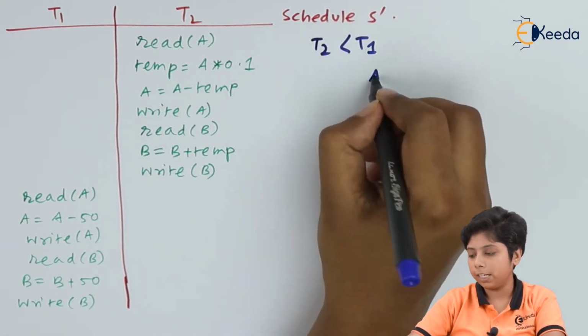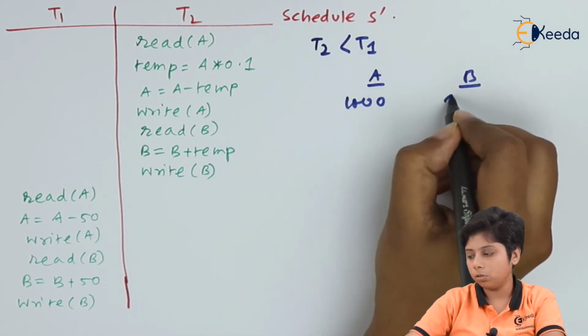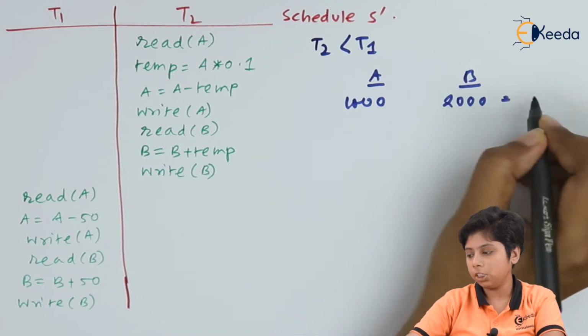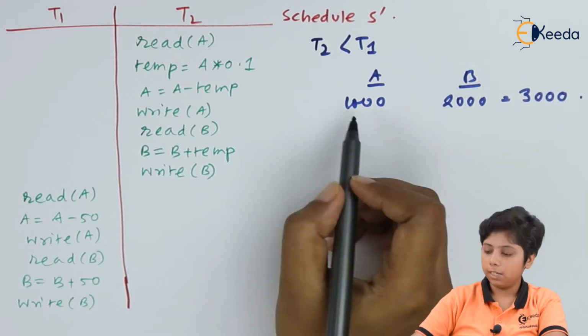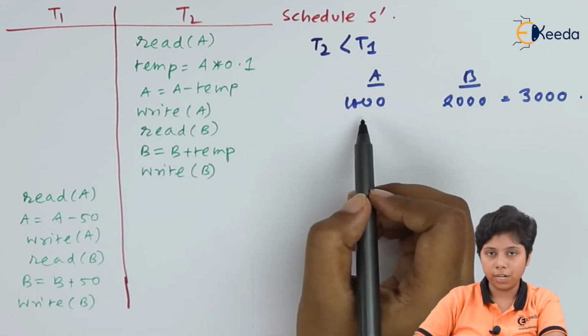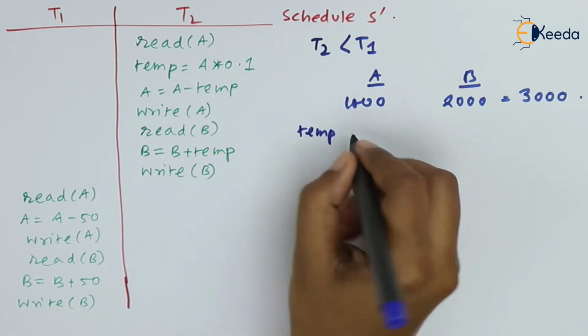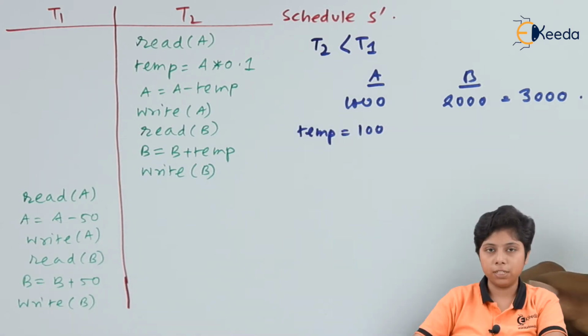So again take that example of accounts A and B with 1000 and 2000. So my initial sum is 3000. Now we are performing, that is 1000 on A we have read. Now 10% of 1000 as temp, which equals 100.